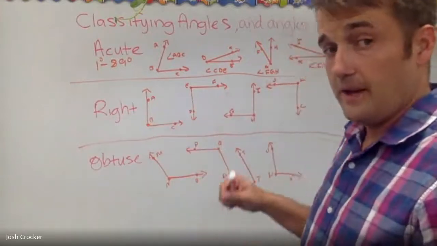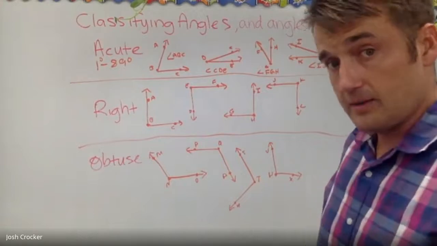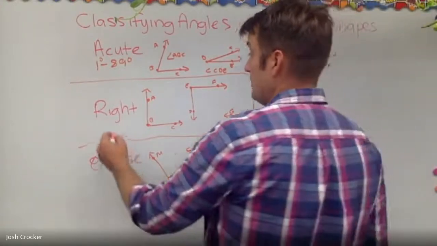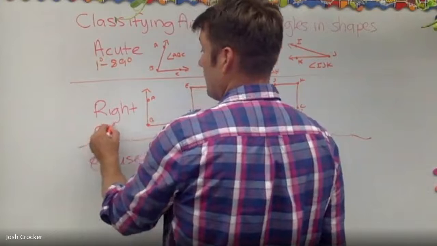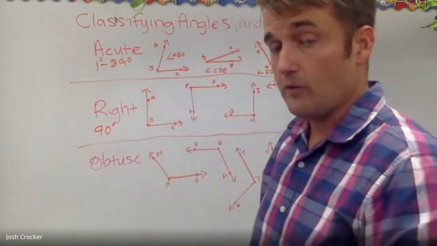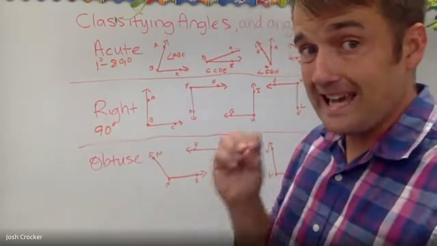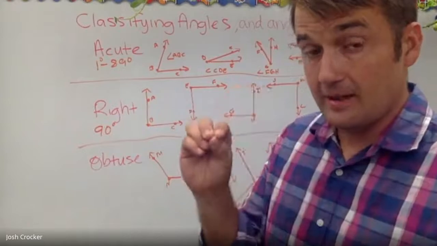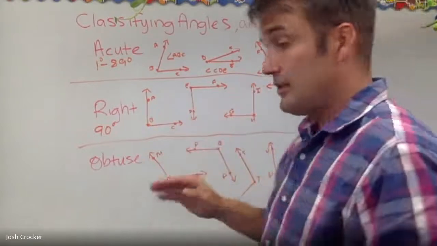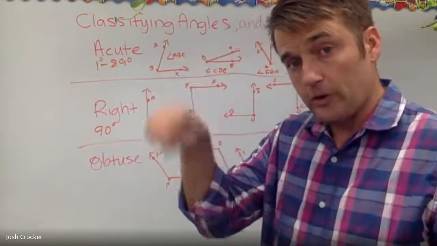Now, the next category, the next group, are right angles. And right angles, they're not a range like acute angles are from here to here. Right angles are only exactly 90 degrees, exactly, okay? And 90 degrees looks like a square. It looks like the corner of a square.